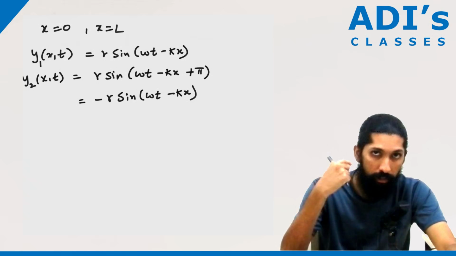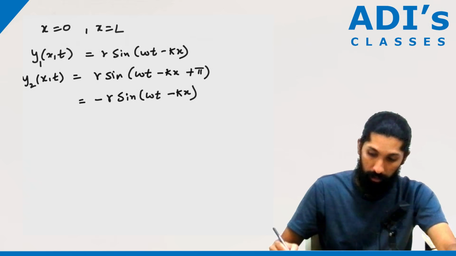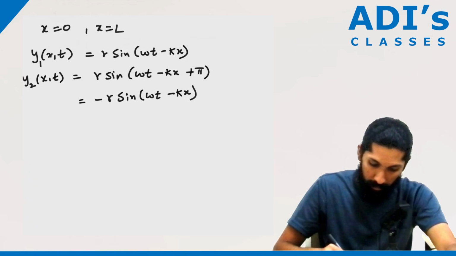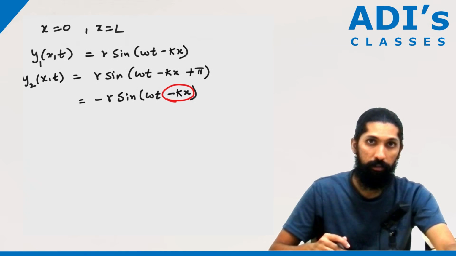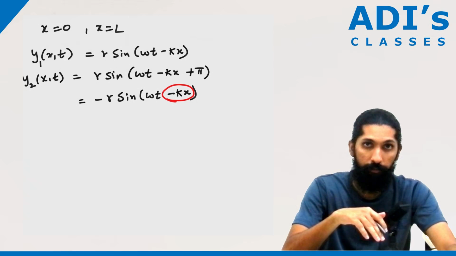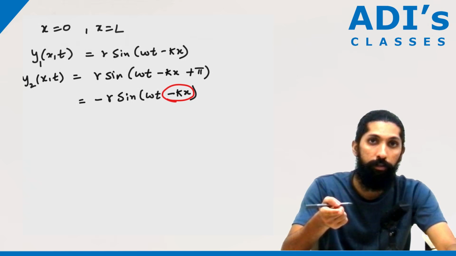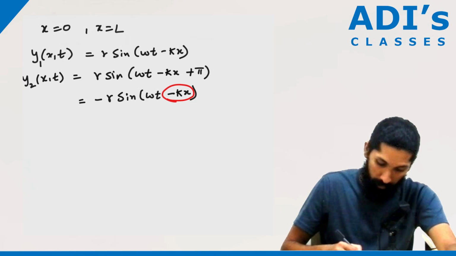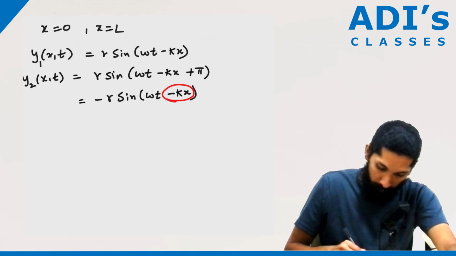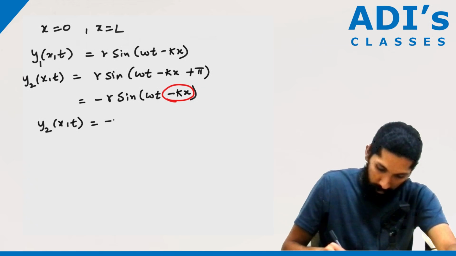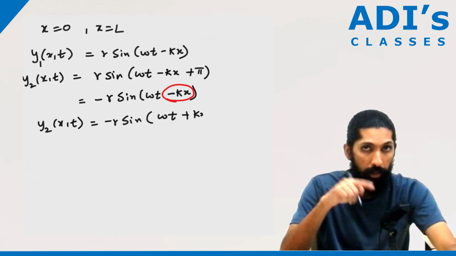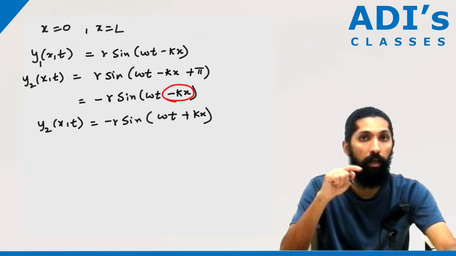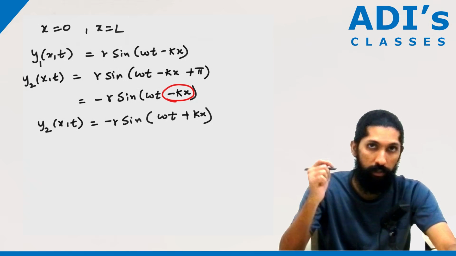So in the minus kx part, the value of x is minus x, because it's coming from right to left. How is the second wave going to change? The final equation becomes y2 of x comma t is minus r into sine of omega t plus kx, because minus kx becomes minus k into minus x, which is plus kx.